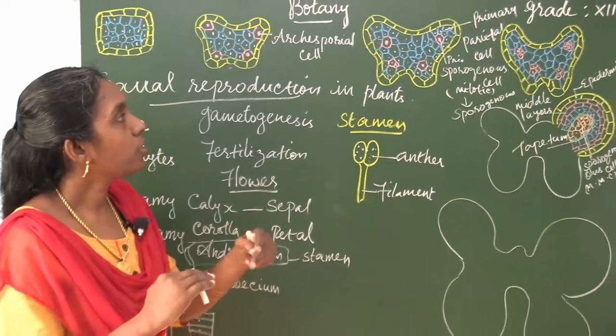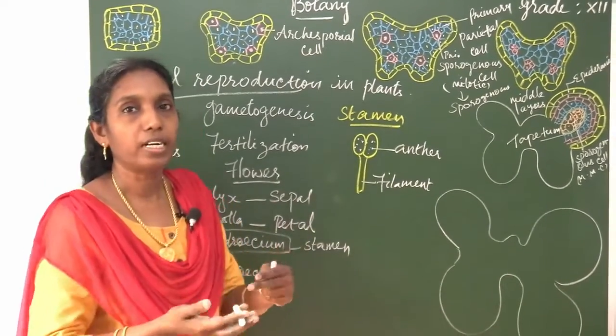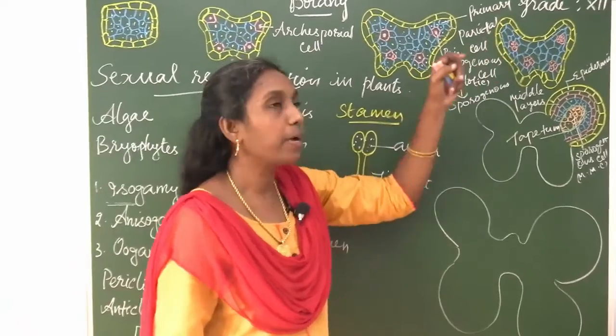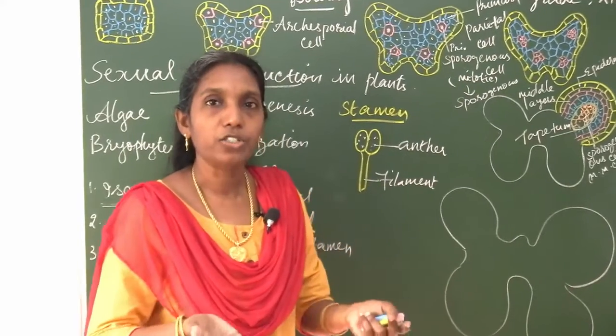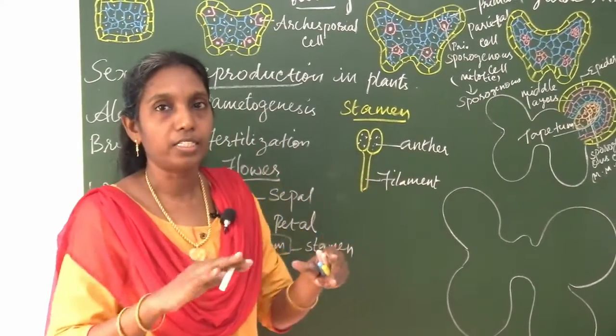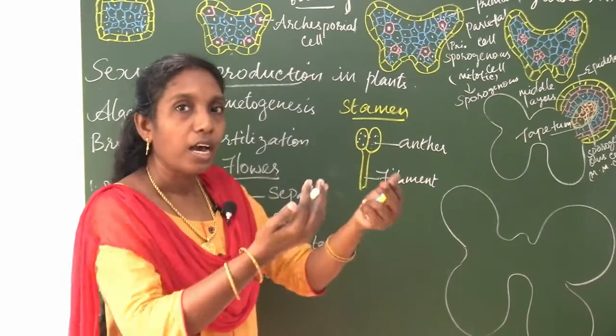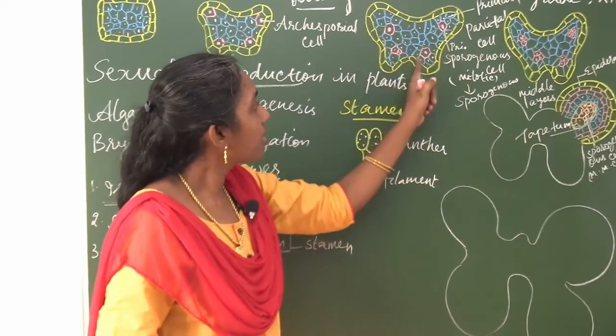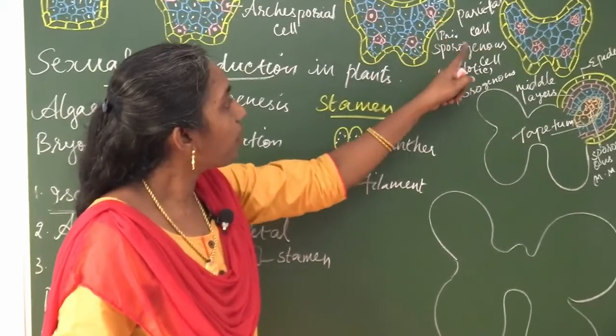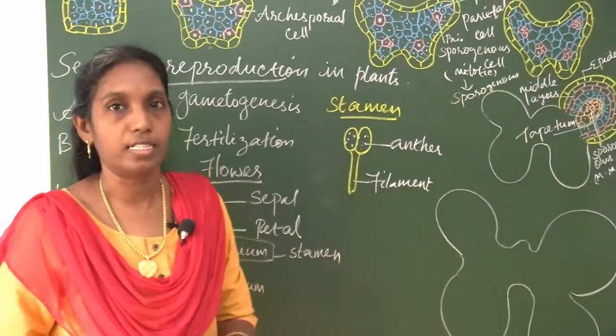The tissue present towards the peripheral region, as the name suggests, is the primary parietal tissue. Parietal tissue occurs towards the periphery. And the inner cells are formed as the primary sporogenous cells.